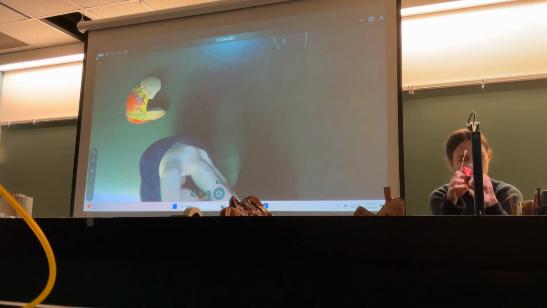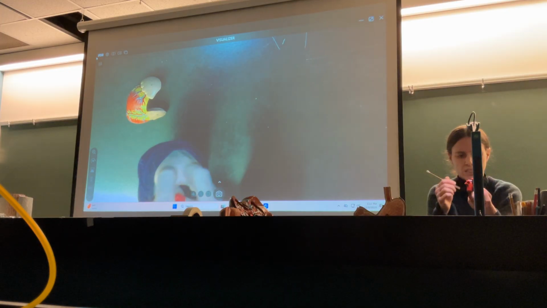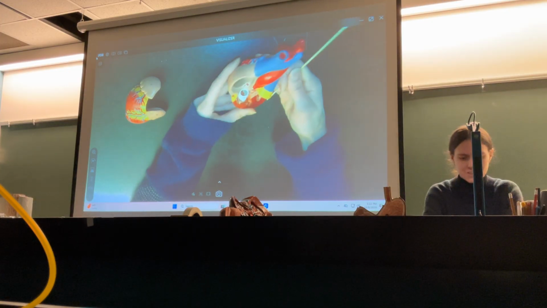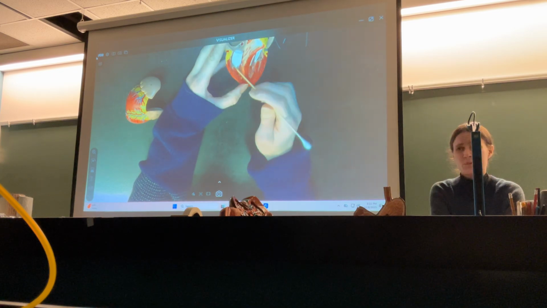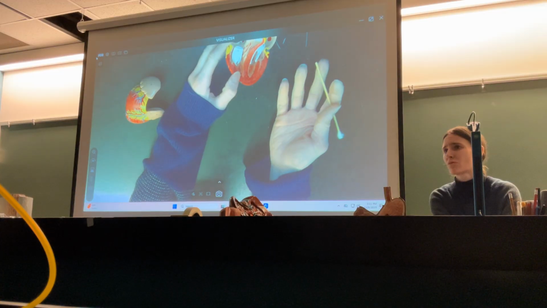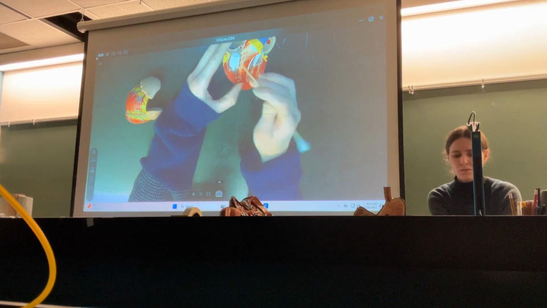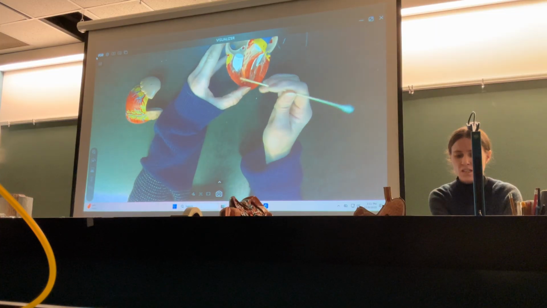It's called the moderator band. Regardless, not commonly asked. What is this kind of raw-meat looking texture? Trabeculae carneae.